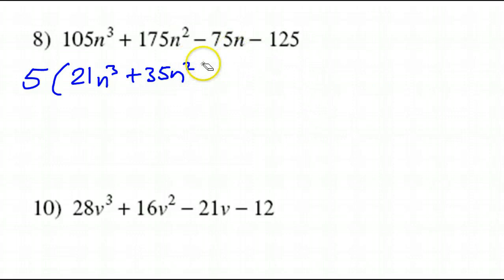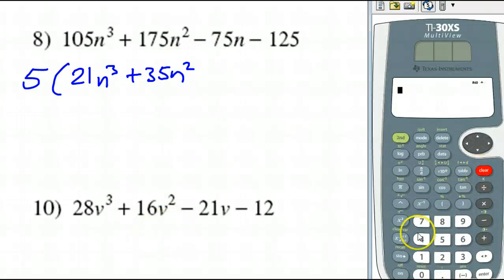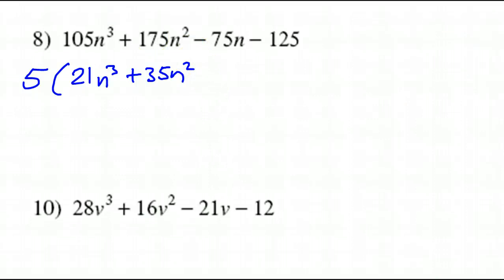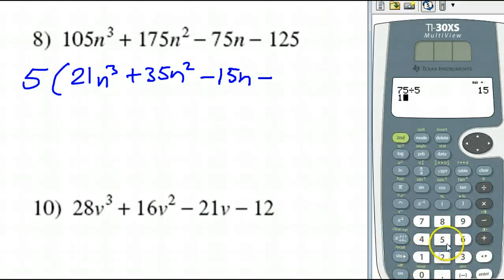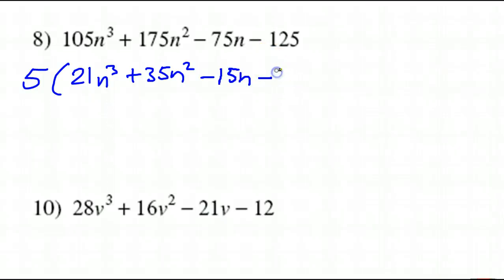I might need more parentheses. 5 into 75. That's 15. So minus 15n. And last but not least, how many times does 5 go into 125? That's 25. So that'll be 25.